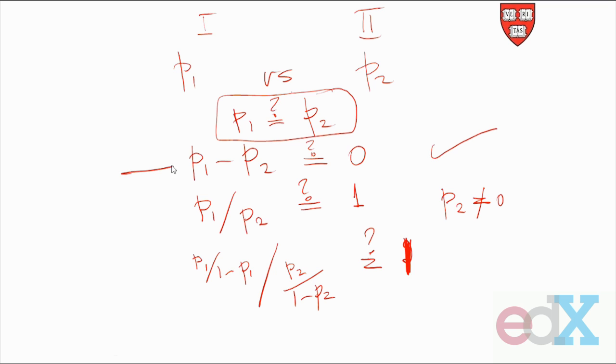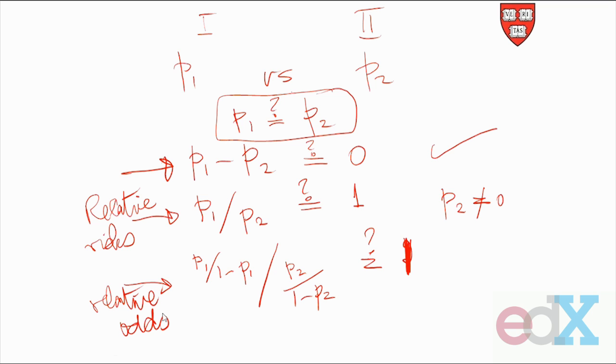So this is relative risks. And this is relative odds, or odds ratio, if you will. This is the one that we're going to be concentrating on.